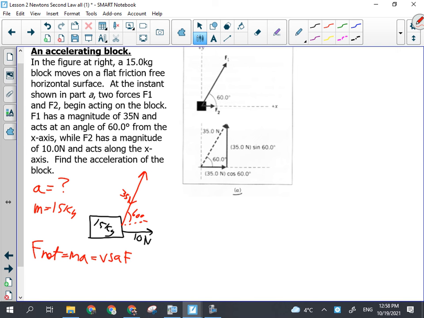Okay? All right. Well, I can draw a vector diagram here and get the vector sum. Would you agree? Instead of being displacement, it's going to be net force, but it's still a vector diagram, just like we would have drawn in the last unit. So I'm going to have a 10 newton force.